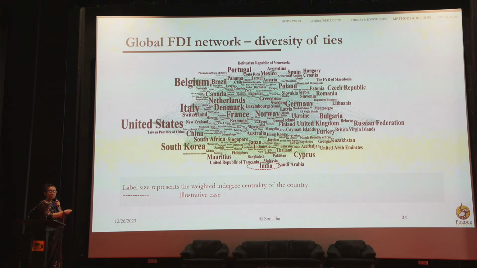So if you have $100 coming from both places, in the analysis it will value the $100 coming from the United States much more than the $100 coming from Bulgaria, right? And in that sense, it helps you distinguish between the quality of FDI coming in. So sometimes it's not just about the money, but who is bringing in that money, right? So that was the intention for the second measure.